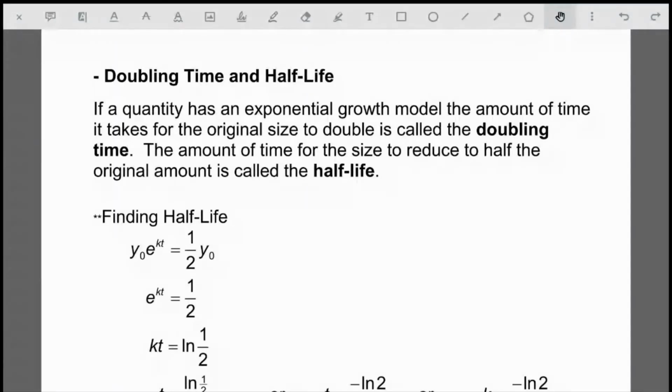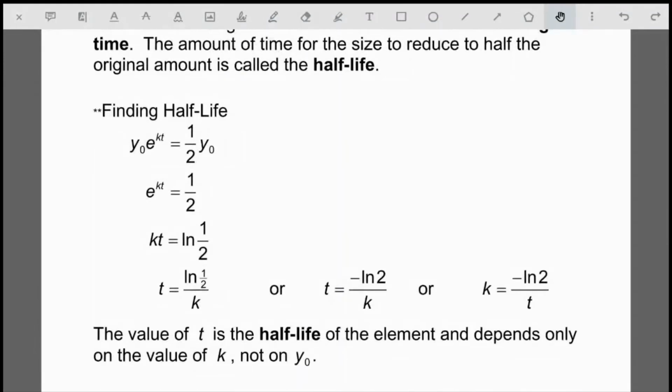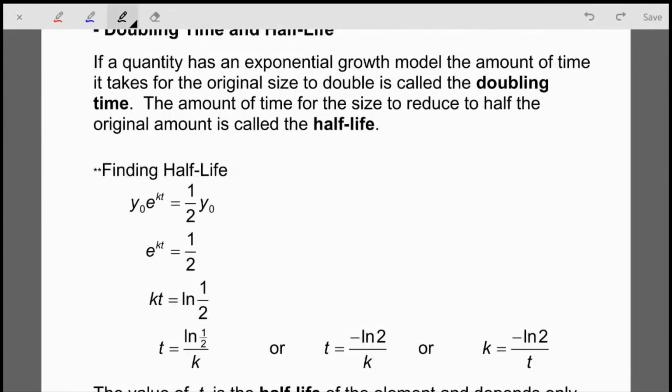When we do half-life, we're using an exponential decay model, and we're talking about the amount of time it takes for half of your material to decay away. Typically we're talking about something like radioactive material that's decaying over time. The way we find half-life is we figure out how long it takes for half of our initial amount to remain. Remember we had this solution when we were talking about general exponential growth or decay.